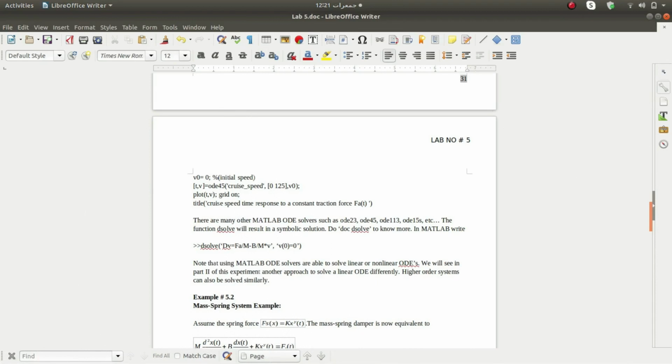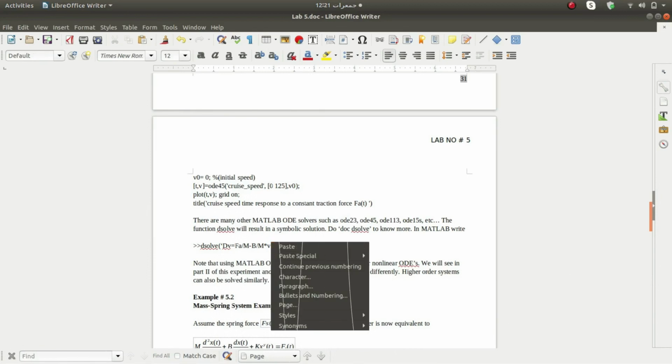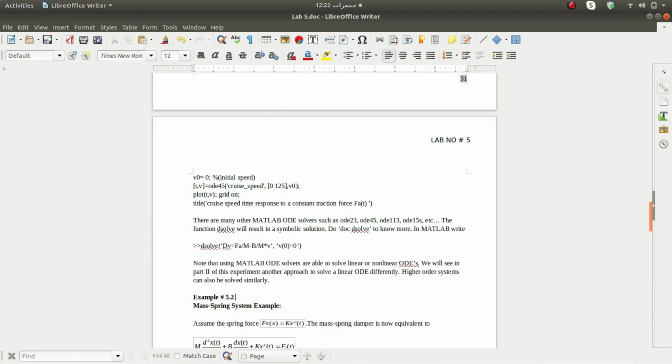Dsolve is another command. It will also show you the result of this equation, and we will discuss the difference between dsolve and ODE45. But remember, we are using two functions: one is ODE45 and the second is dsolve to solve this particular equation.